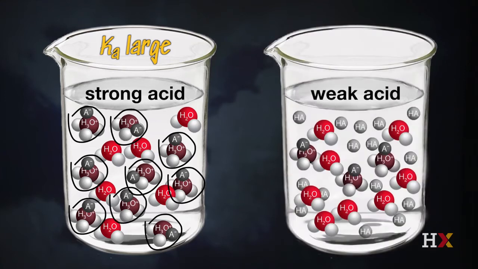In a weak acid, we have the fact that that acid equilibrium constant is very small, and in that case, we have a very limited number of cases where that reaction has gone from reactants to products. So every time we think of a weak acid, we want to look into the molecular structure of what that looks like.